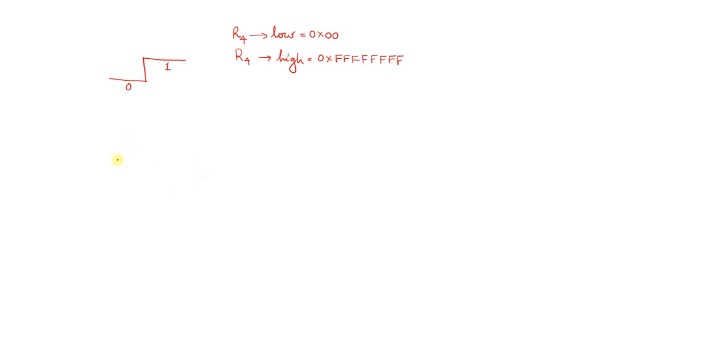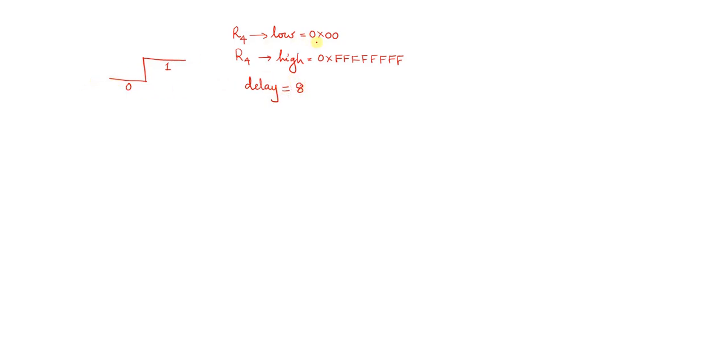So each state in this particular square wave will persist for a fixed amount of time, which will be determined by the delay. So we can have a delay of any number. In this particular program, I will consider a delay of 8.